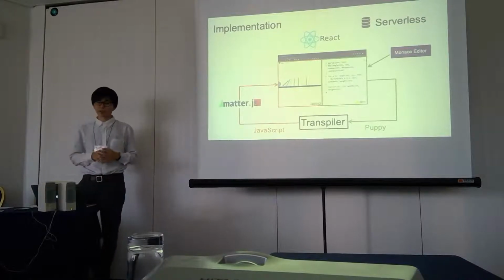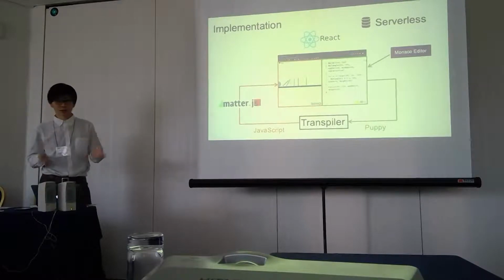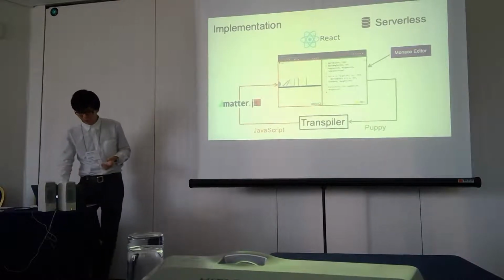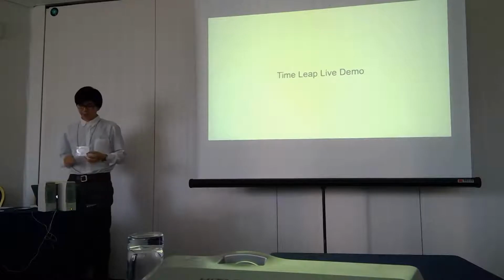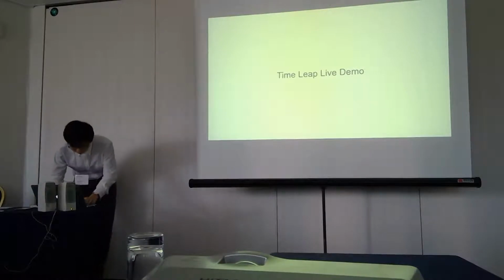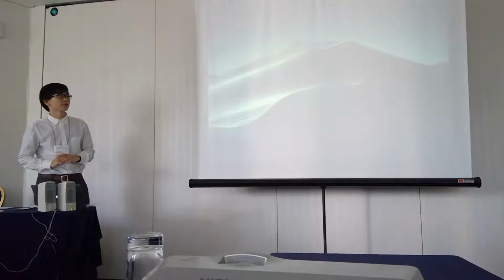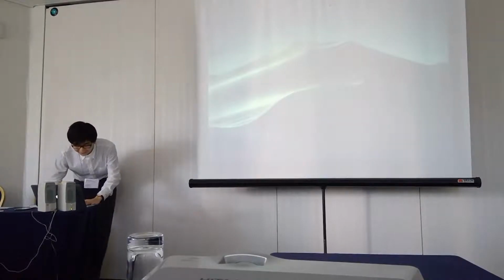So by this library, the results of the program are visualized and simulated. I'd like to show you a time replay demonstration on the new Puppy Playground. You write this code. Sorry.